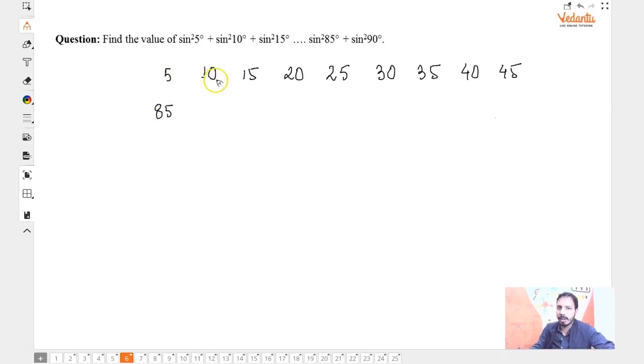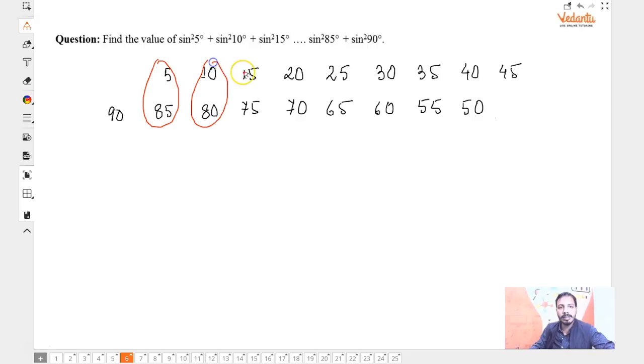Similarly, the complementary angle of 10 is 80, 15 is 75, 70, 65, 60, 55 and 50. So see, 5, 10, 15, 45, 50, 55, 60 and then we have a 90. Now if you see properly, these are the complementary pair angles, right?